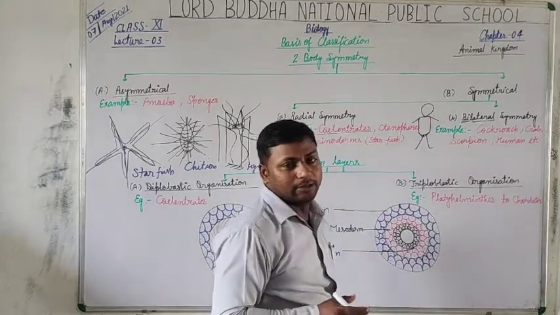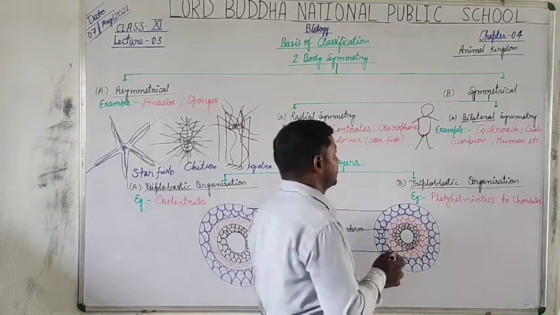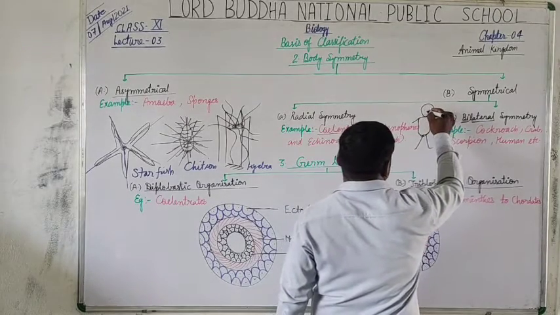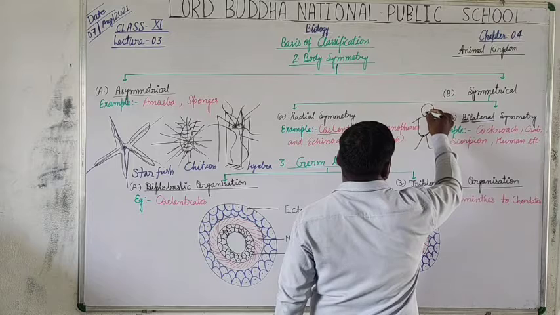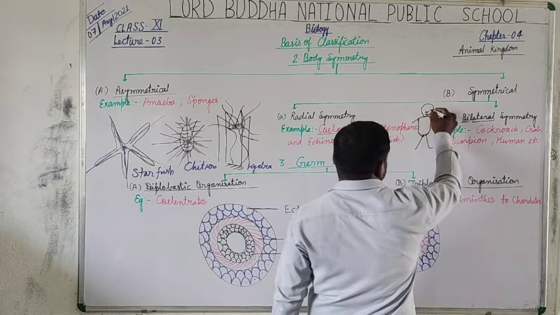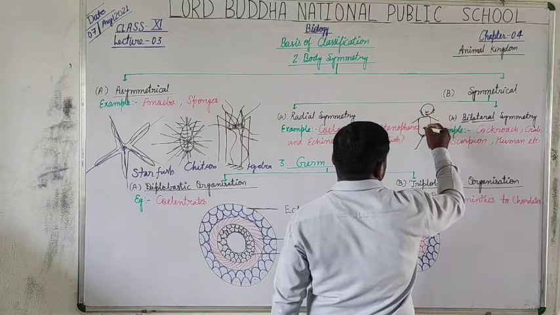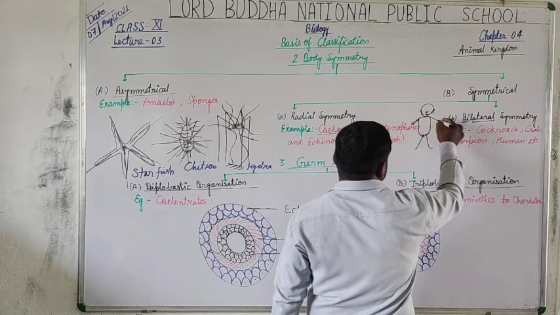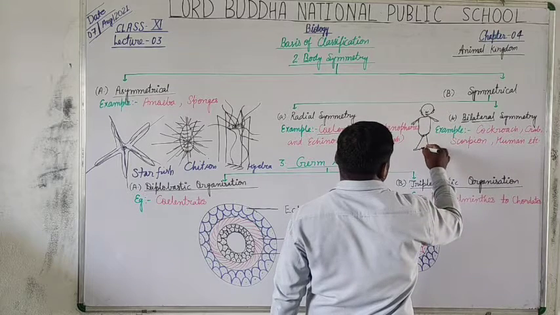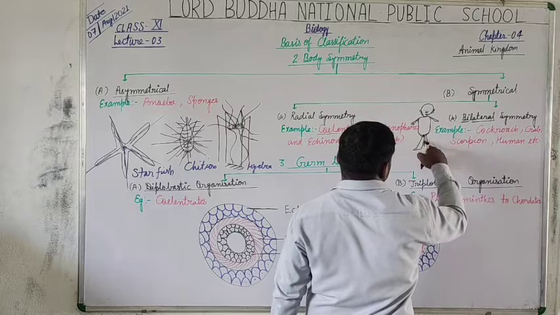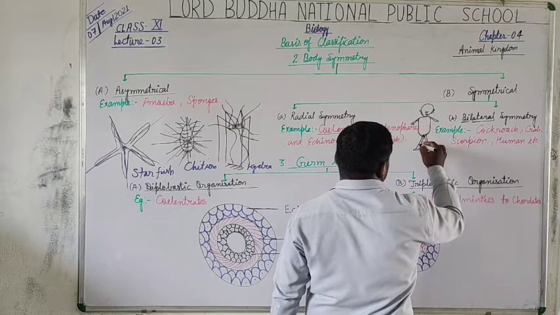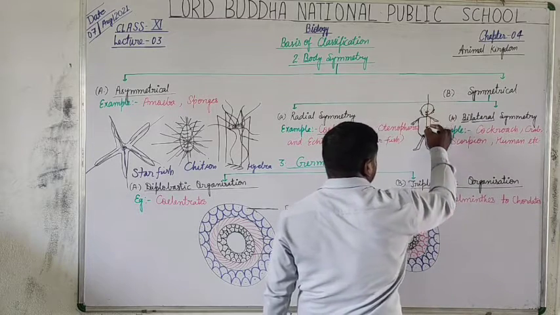Then their body can be divided into two equal halves, with each and every organ of the human body divided equally on this plane.